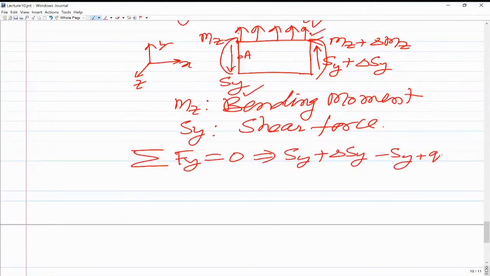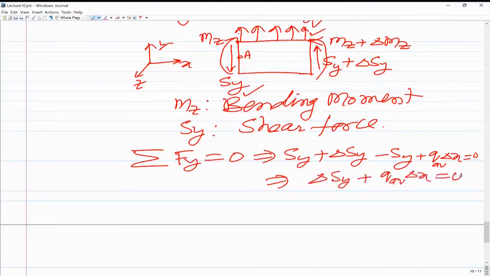So we will have q into delta x, and actually no, q could in general be a function of x. So we really need to take the average value of q over that length, and then into delta x is equal to 0.